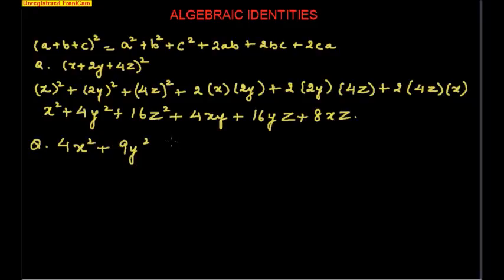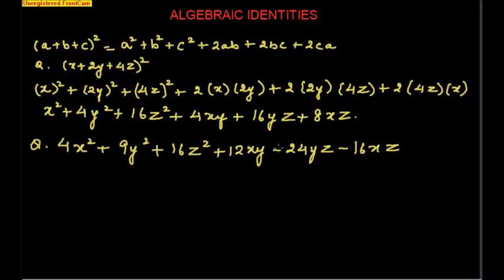If I have 4x² + 9y² + 16z² + 12xy − 24yz − 16xz. Now if you see, there are two minus signs here.